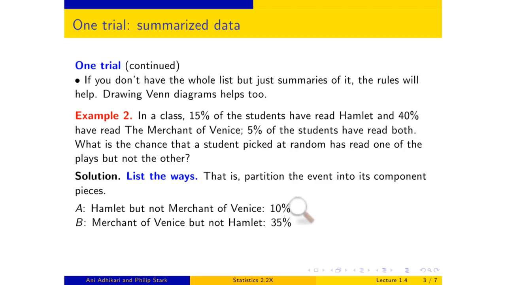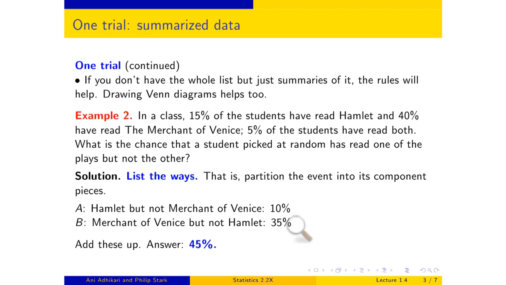So this is the size of your Hamlet blob that doesn't include the overlap, and this is the size of your Merchant of Venice blob that doesn't include the overlap. And what do you want? Exactly, you want the total. And your answer is 45%.